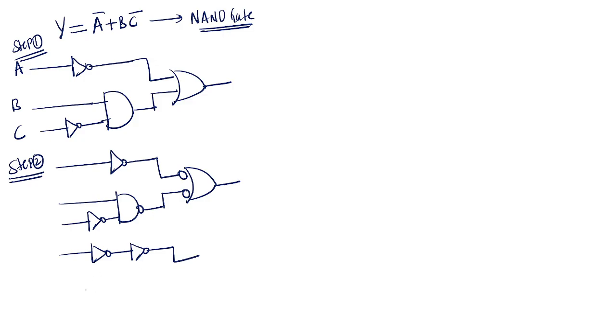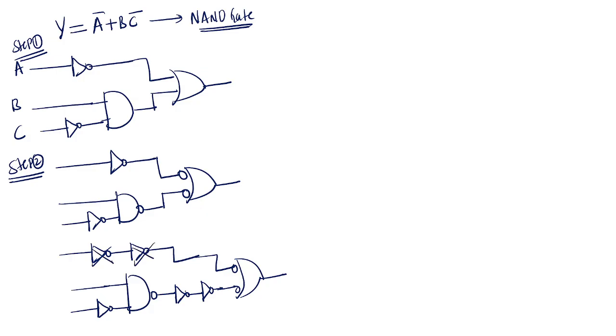Here also you need to add the inverter, and this is given to bubbled OR. Since inverters are in cascade, you need to eliminate them.